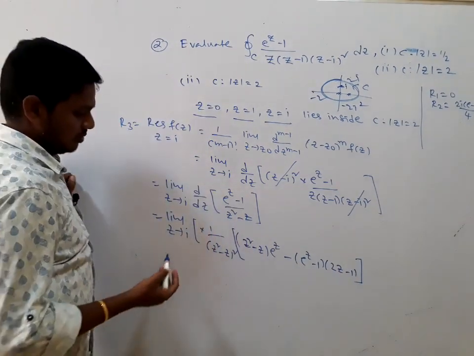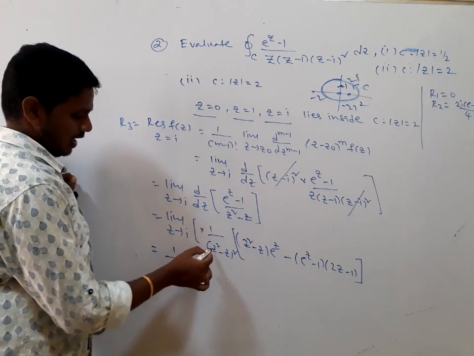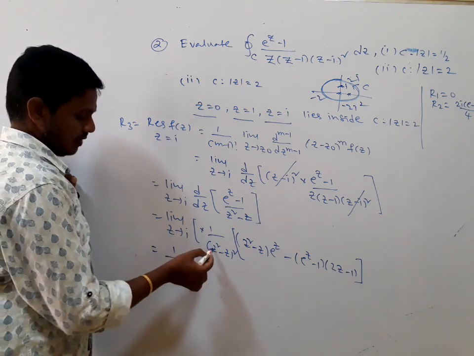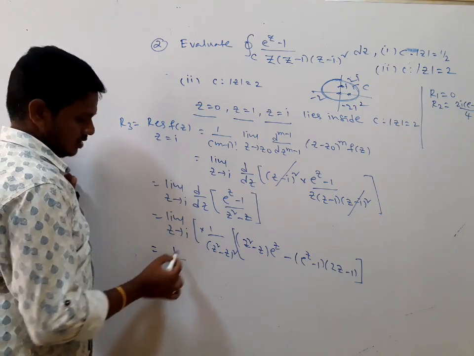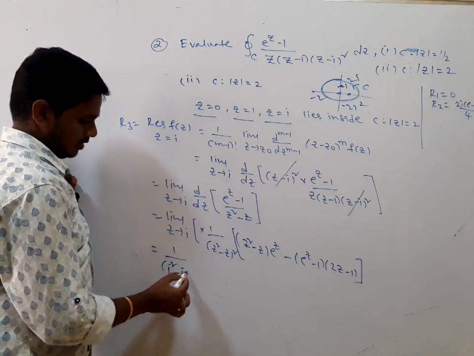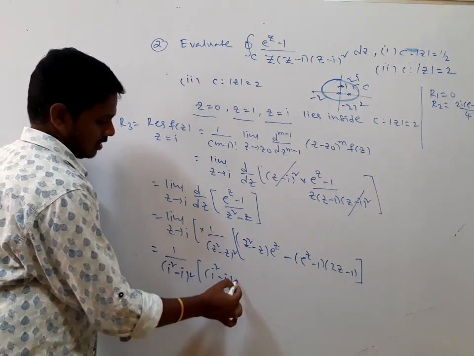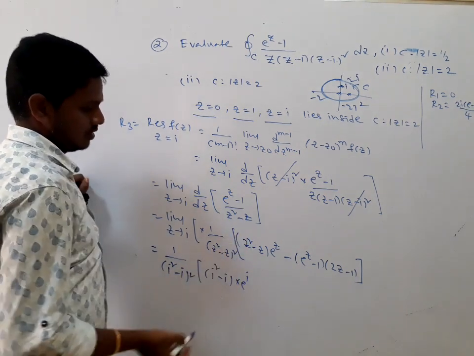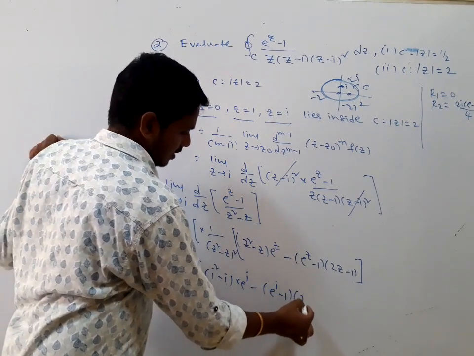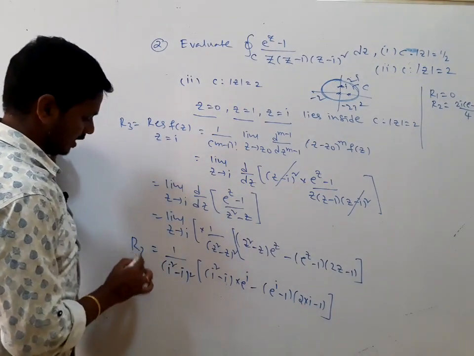Better to substitute z tending to i here: 1 divided by i square minus i whole square, into i square minus i into e to the power of i, minus e to the power of i minus 1 into 2i minus 1. That means you will get the residue R3 here.